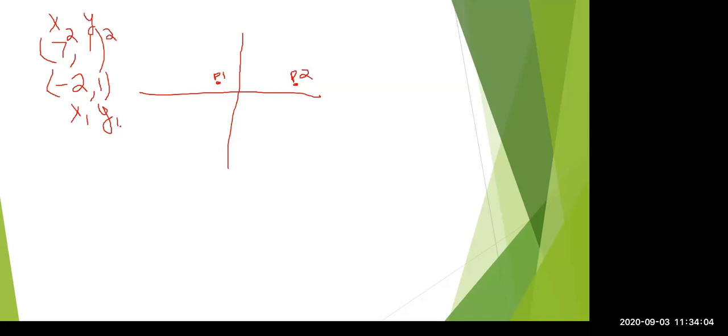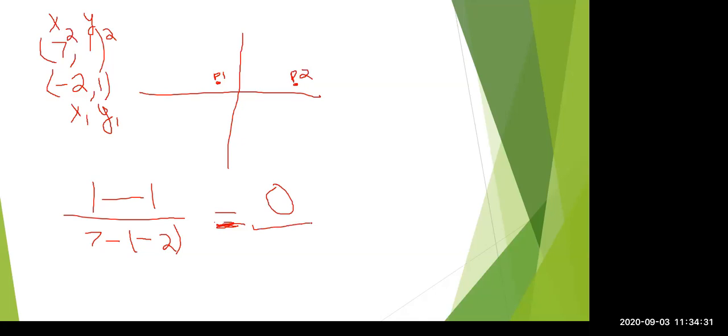So now let's plug in all the information. It's 1 minus 1 divided by 7 minus negative 2, which is basically adding. So 1 minus 1 equals 0, divided by 7 plus 2, which is 9.